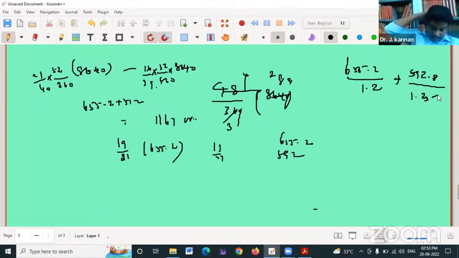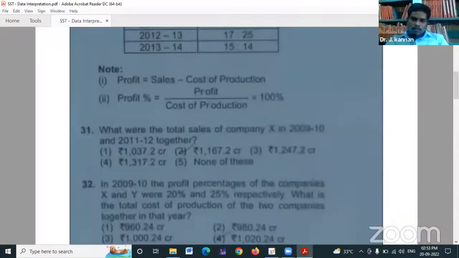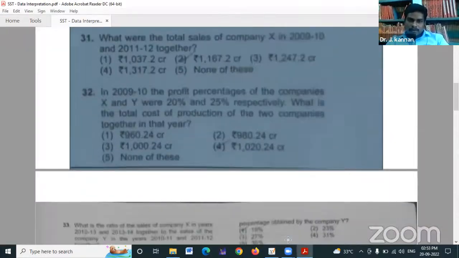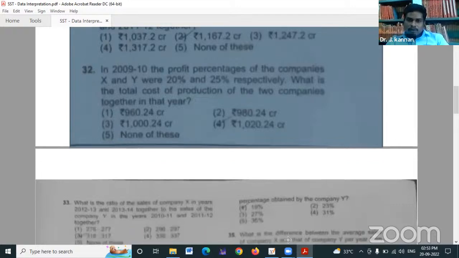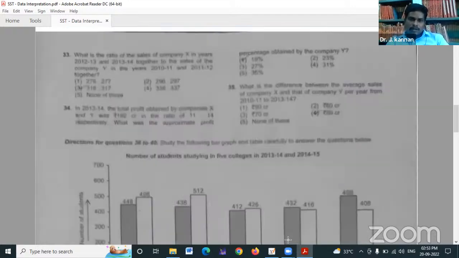So the final answer is 1020.24. And the two more problems we have. So 1020.24 crore. So the last four problems.